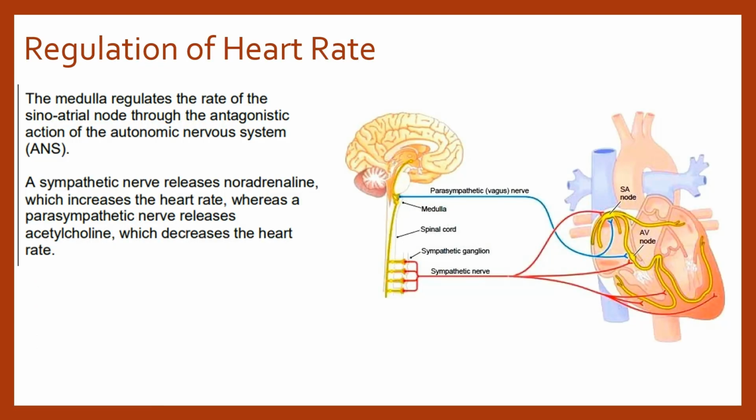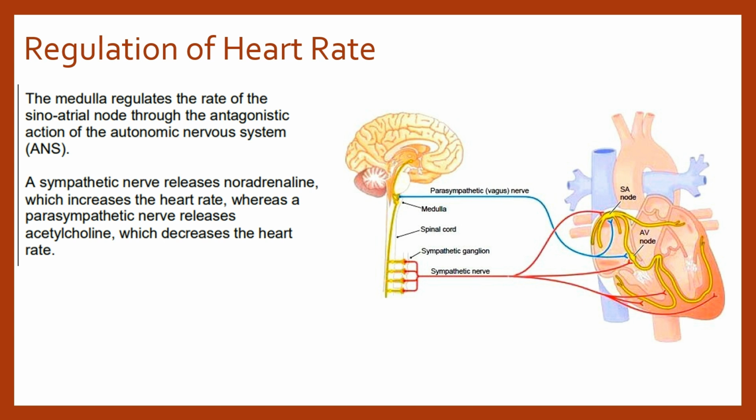Although the electrical activity does originate in the heart itself, it can still be regulated by the nervous system and by the brain. Our medulla, which sits in the brain stem, can send out signals via the nervous system to either increase or decrease heart rate by affecting the sinoatrial node.